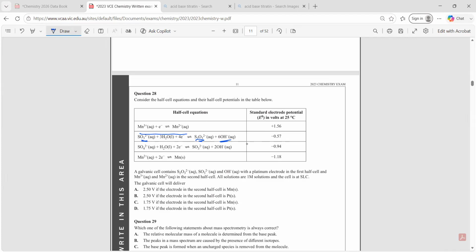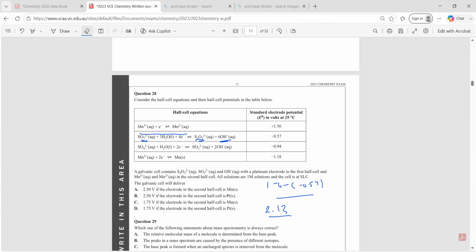So the reaction will just be 1.56 minus 0.57, which is 2 point something like that, which does not seem to be any of these things.